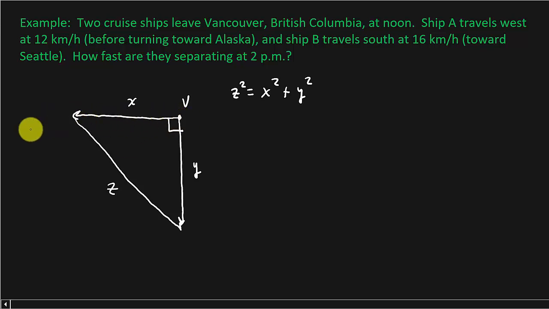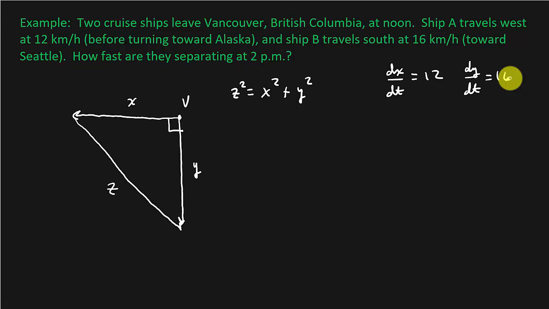How fast it's going. So that's telling us that dx/dt is equal to 12. And ship B travels south at 16 kilometers an hour. So that's traveling this way. So that is dy/dt is equal to 16. And they want to know how fast are they separating at 2 p.m.